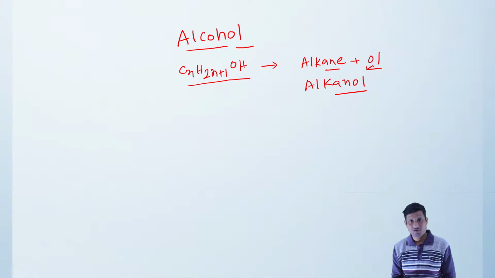If there is a vowel in the secondary suffix, we have to skip the e, and that is why it is alkanol.